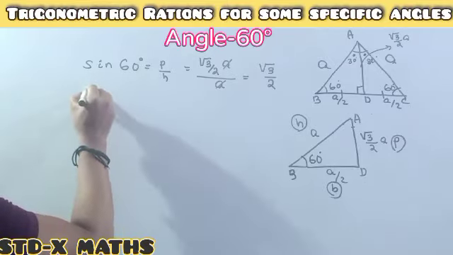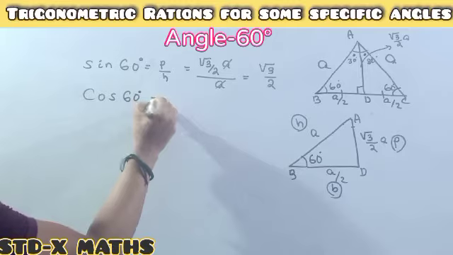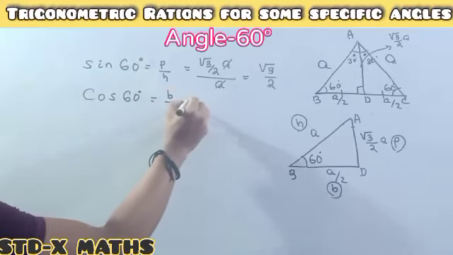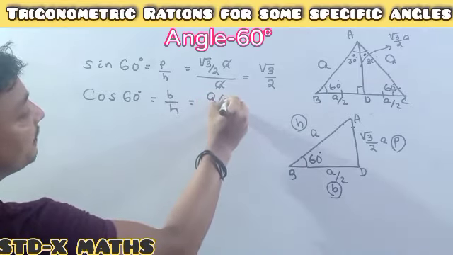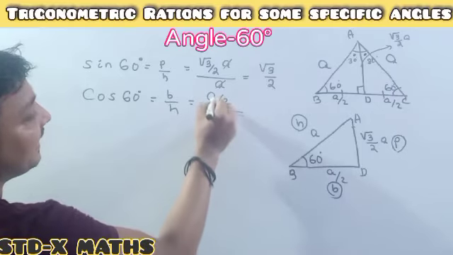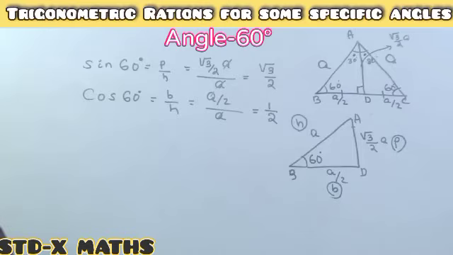Next one is cos 60 degree. Cos 60 degree formula is the ratio of B divided by H, and here B is a by 2, and H is a. Whenever a is cancelled, you will get the result 1 by 2.